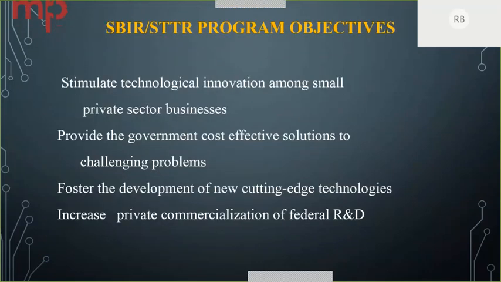We'll talk a little bit about the program objectives. Both the SBIR and STTR have the objective to stimulate technological innovation amongst private sector small businesses, and provide the government a cost-effective solution.